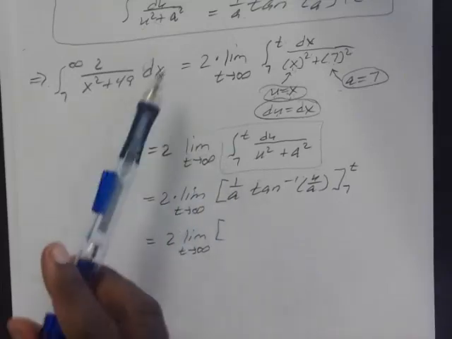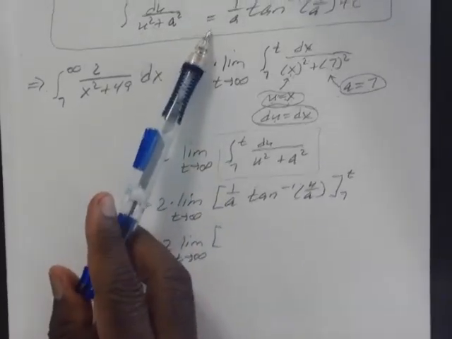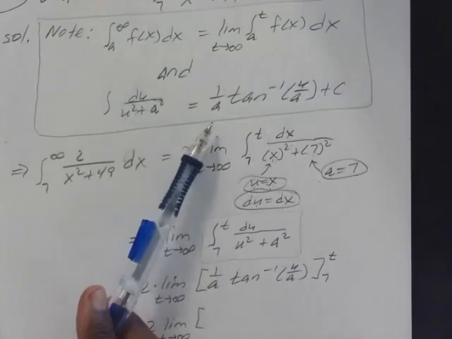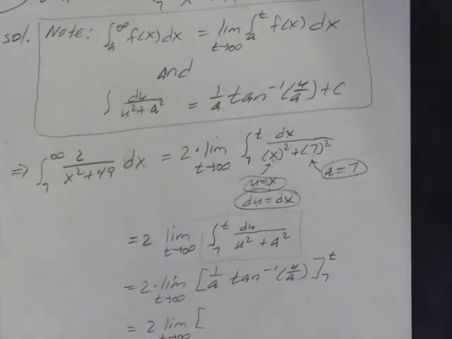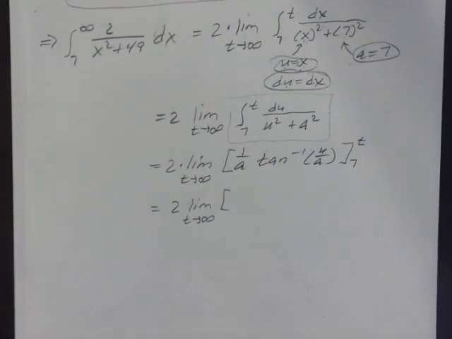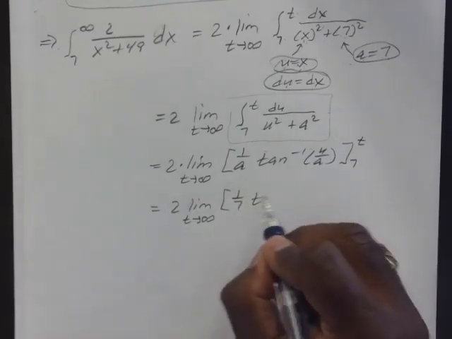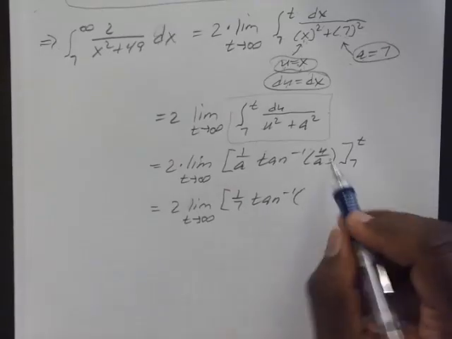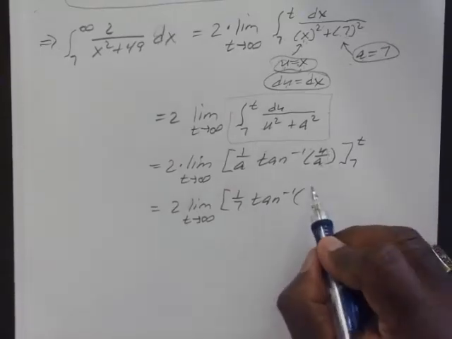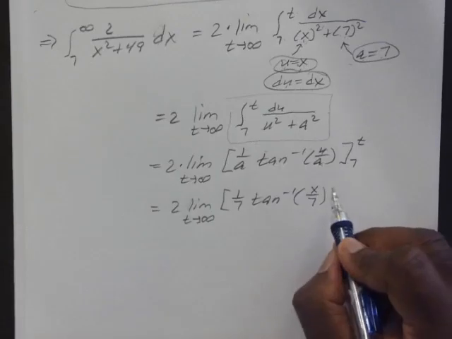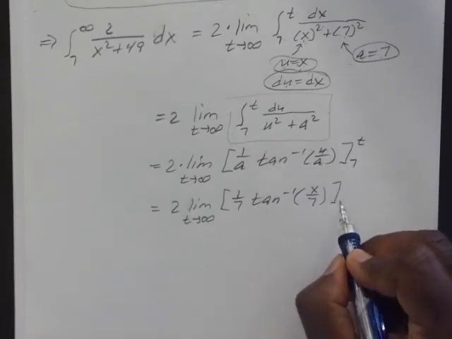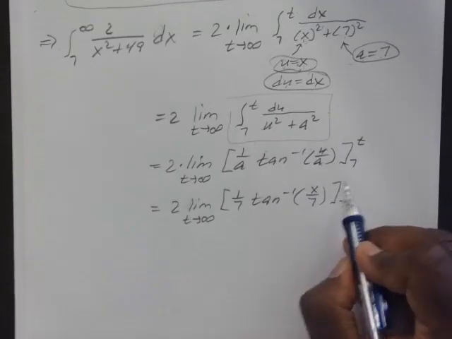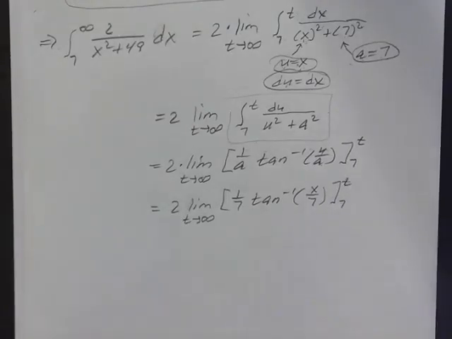And in this case, remember, matching it up, your a is equal to 7. So that's 1 over 7 times the tangent inverse of u over a, so that's x over 7, from x equals 7 to t.